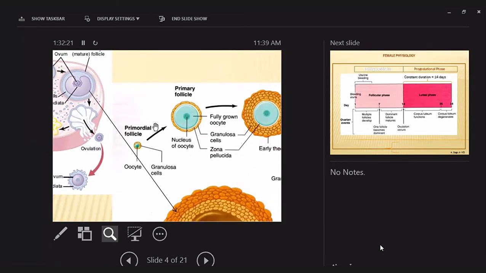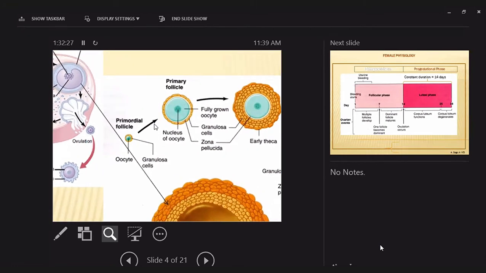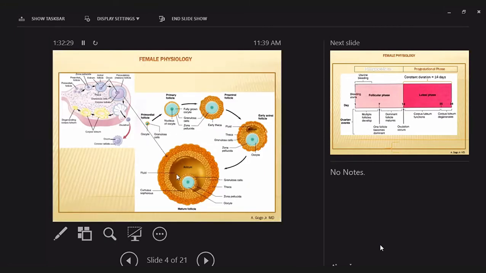Now, this is what happens to, okay, yeah. This is your mature follicle, this one. The antrum is already very big, while there are granulosa cells around the ovum. And so you have the antrum filled with fluid.